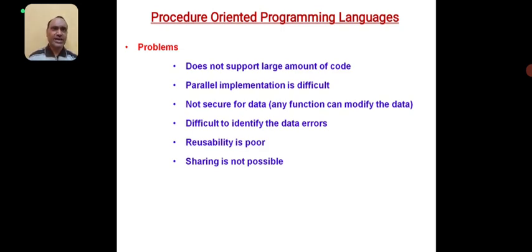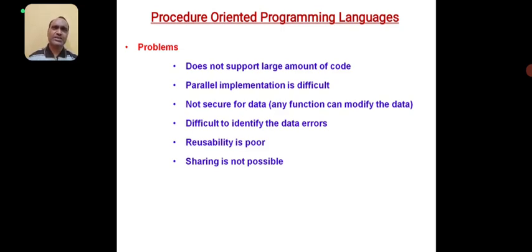Okay, so these are some of the differences between procedure-oriented programming languages and object-oriented programming languages. In procedure-oriented programming languages, the main thing is that you cannot use them to develop real-time applications.